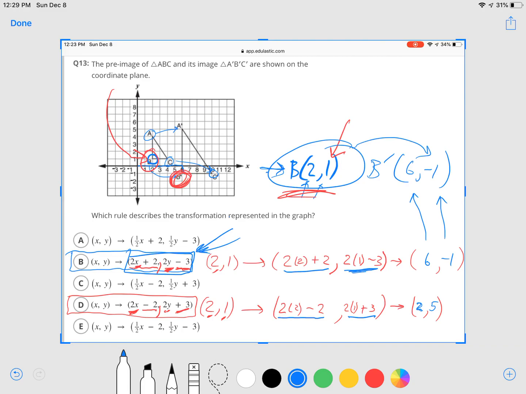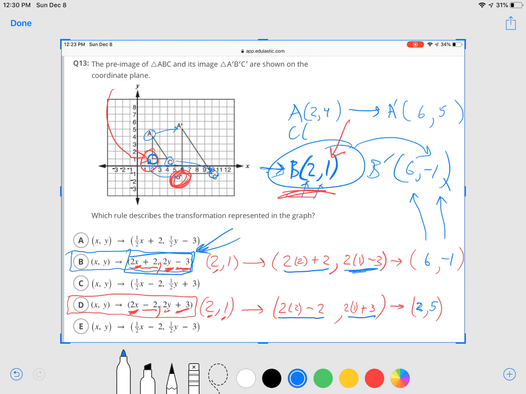Again, if you wanted to be 100% sure, you would actually have to do it to A and to C as well. You have to do the same thing. You take the coordinates of A, which are 2, 4, and plug them into the transformation rule option down there on the bottom, and see if you get 6, 5.